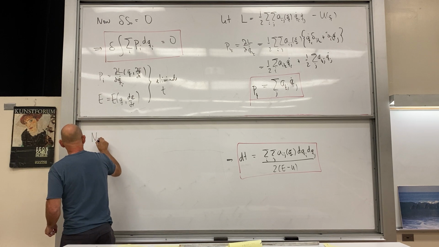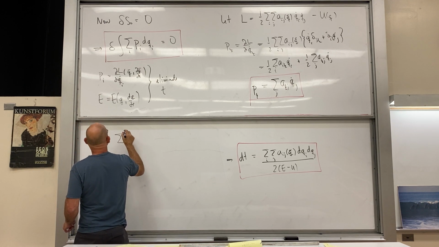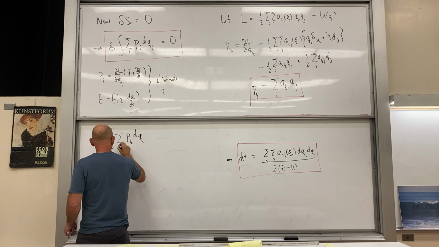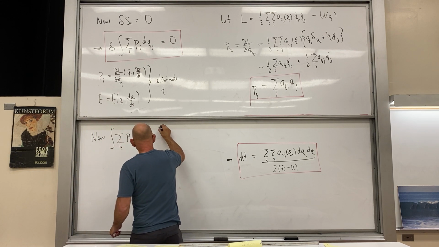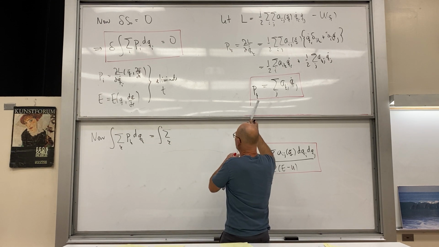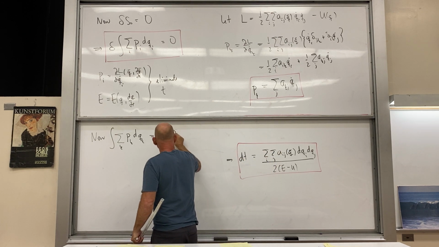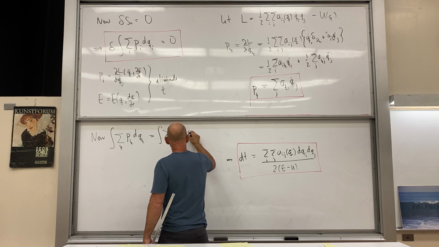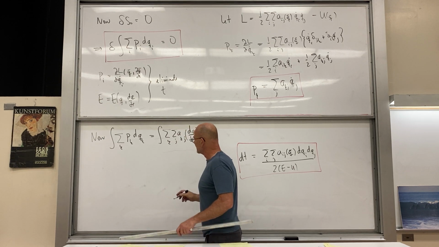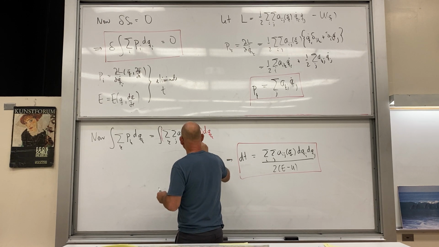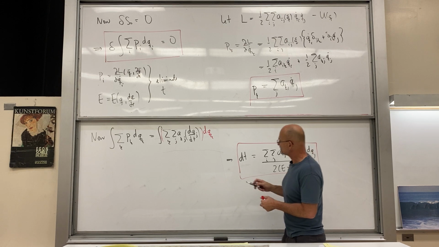So now, integral sum over p sub k dq_k is equal to integral sum over k, and then p sub k is sum over j a_kj dq_j over dt, and then dq_k. Okay, different colors. How about that?